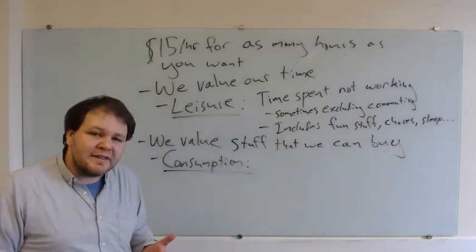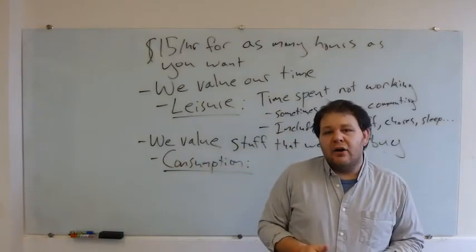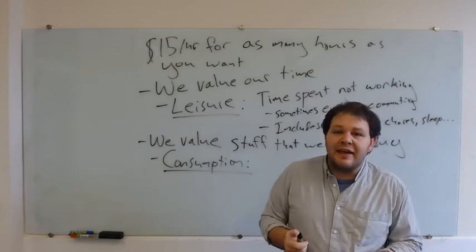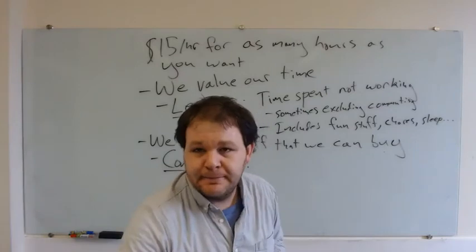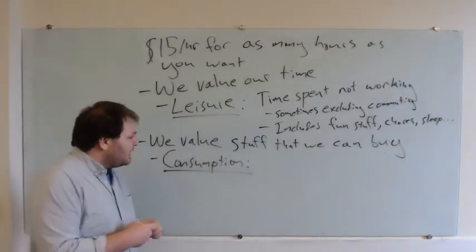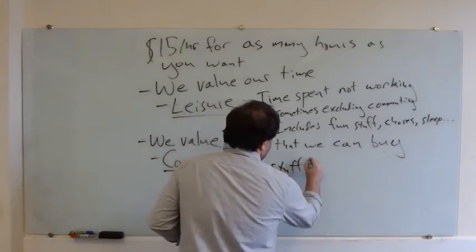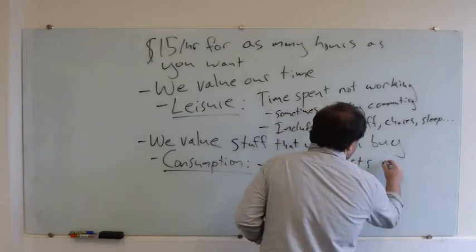Included in consumption is going to be things like groceries, movie tickets, etc. It's also going to include things like paying for gas on your commute or something like this. So this is stuff that costs money.